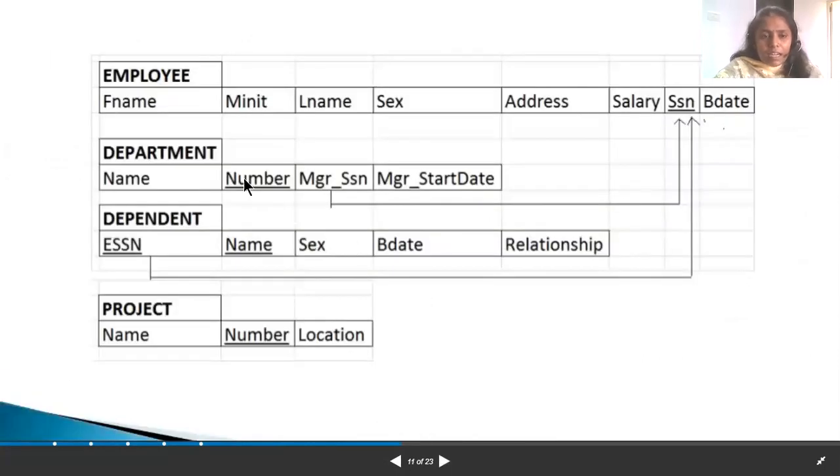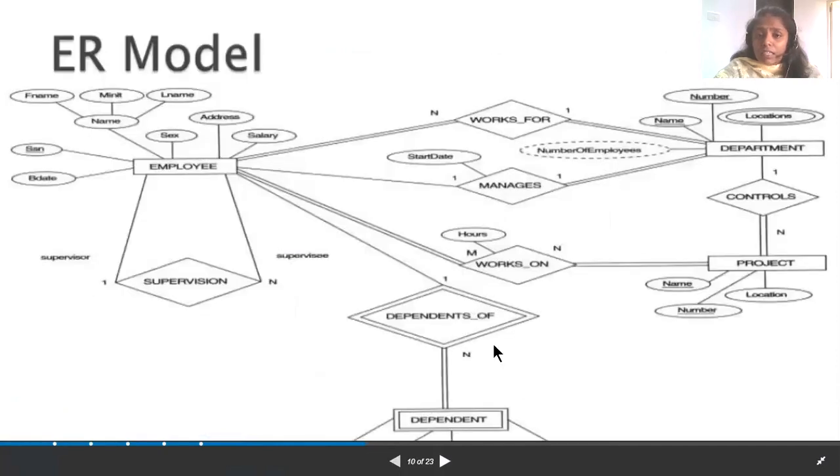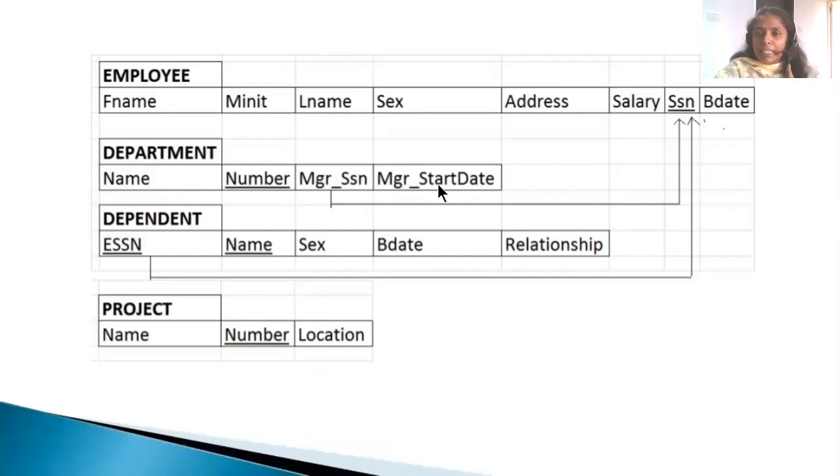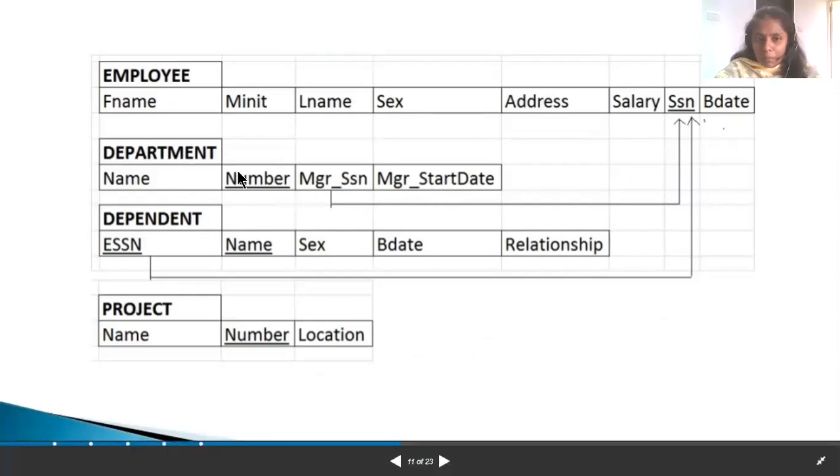You can see here the department and the department managers. The employee and department tables have a one-to-one relationship. I told you, when a one-to-one relationship exists between any two entities in an ER diagram, we can take the primary key from the first entity and use it as a foreign key in the second table.